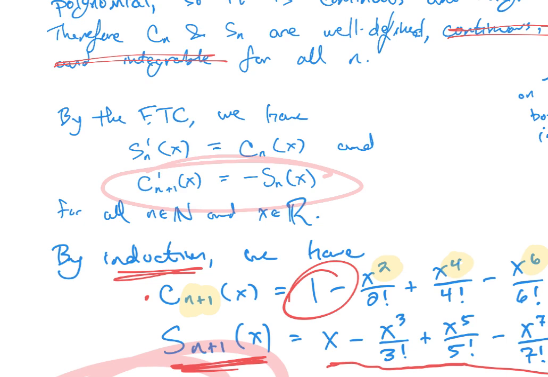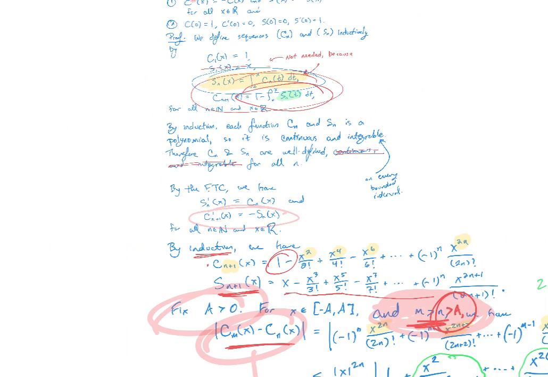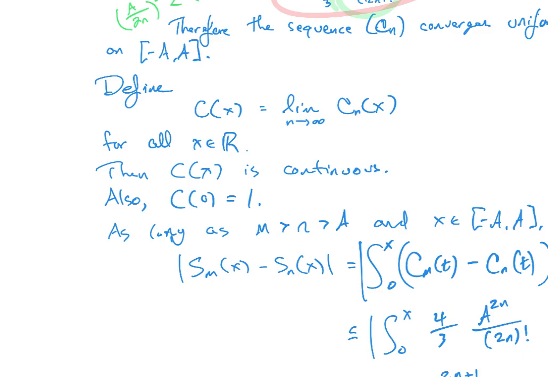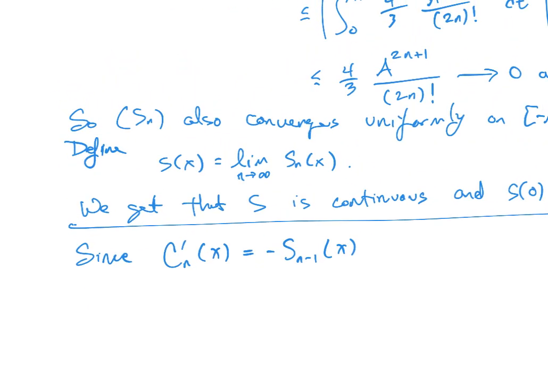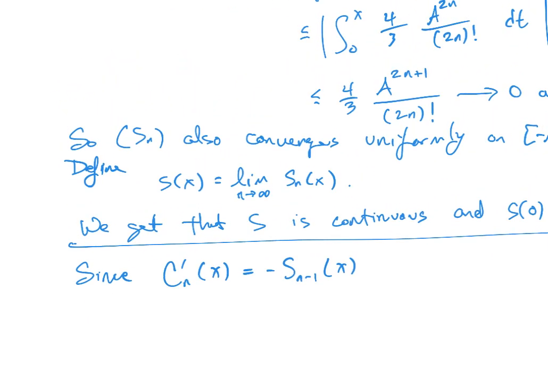Just right there with n instead of n plus 1. We take the derivative of Cn, we get minus Sn minus 1. Okay, those minus Sn minus 1s are converging uniformly.